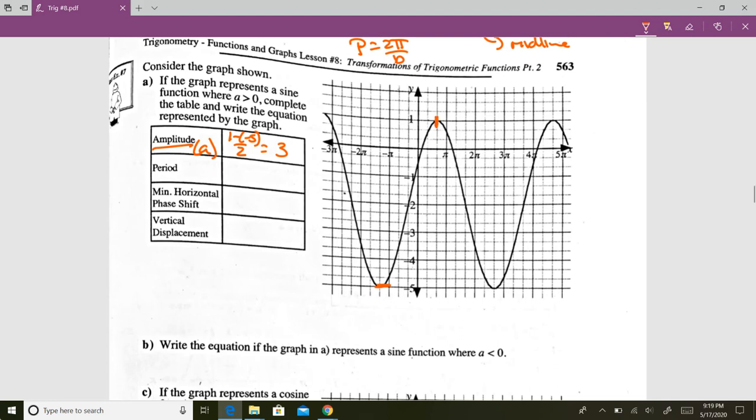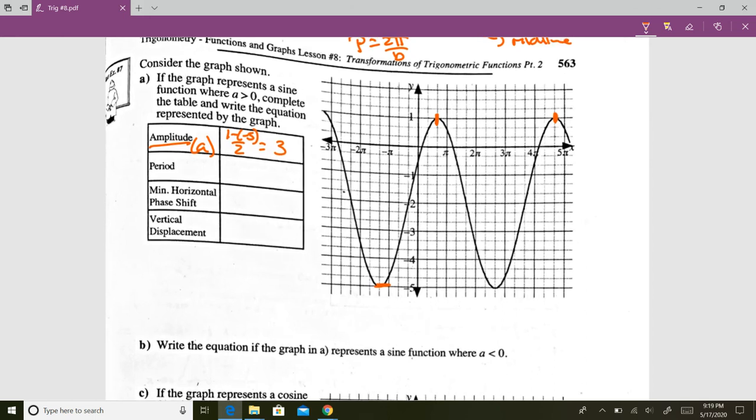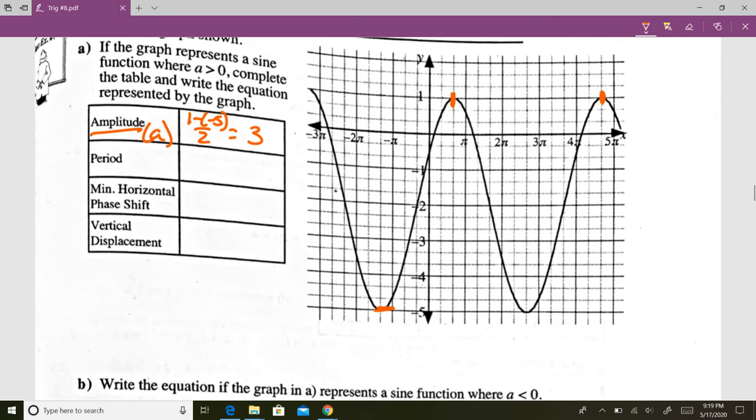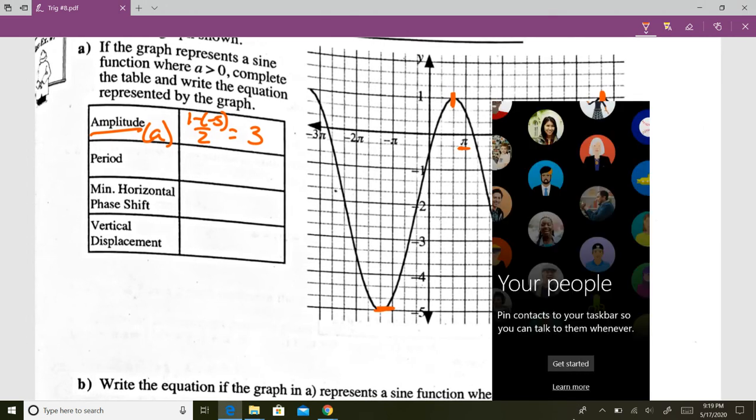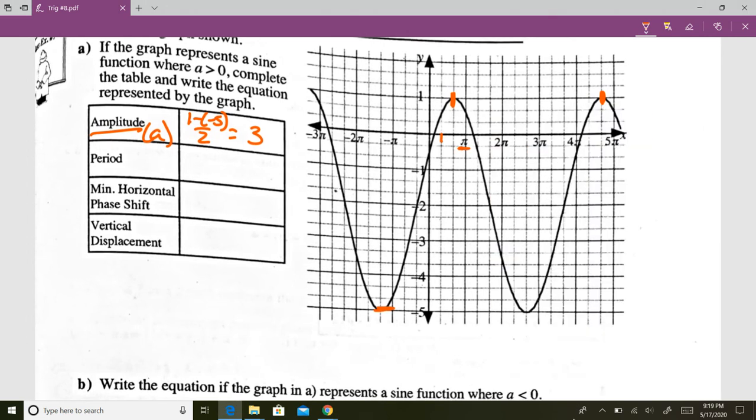That's the easiest way I find it, peak to peak. Now, the trick is, what is each line worth? I showed you that in the previous example. Find pi, which is right there. How many lines to get to pi? 1, 2, 3. So what is each line worth? Pi over 3. So each line is pi over 3.